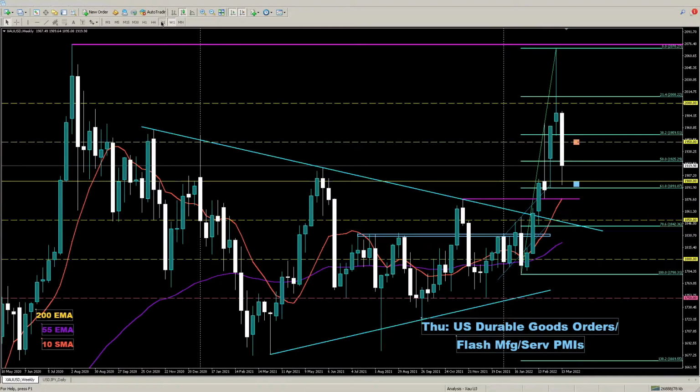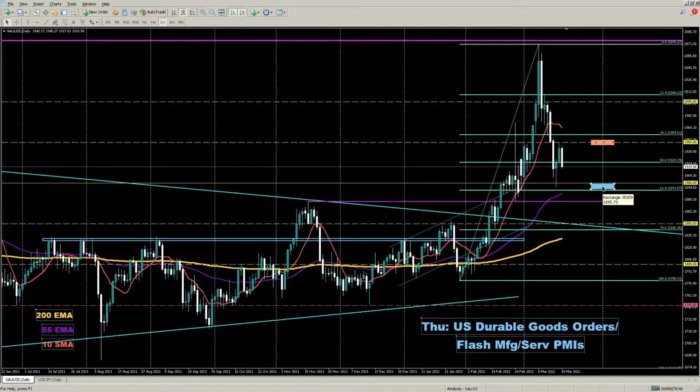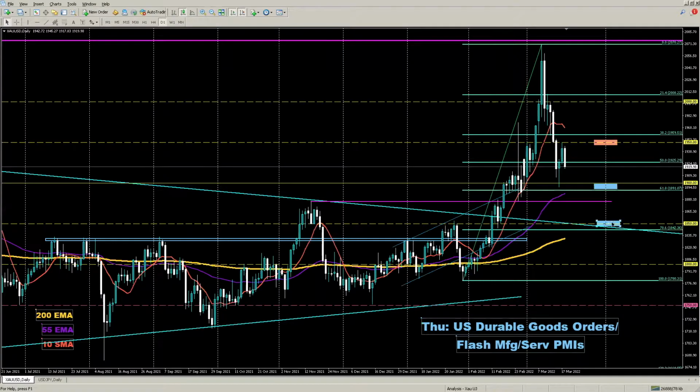Okay, let's go back to the daily time frame. If it does break down lower, this is a very key support level then, with a confluence of three levels: the 786 fib retracement, the 1850 round figure, and this previous upper trend line of a triangle.